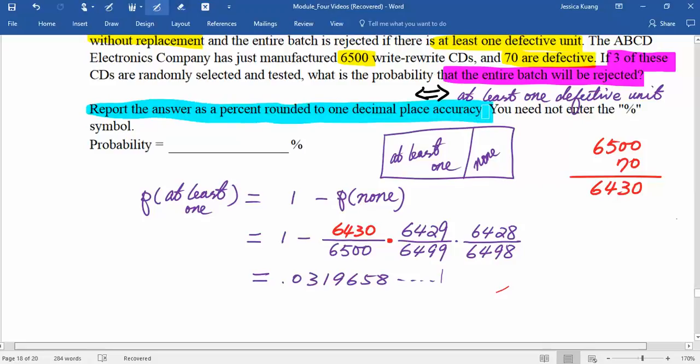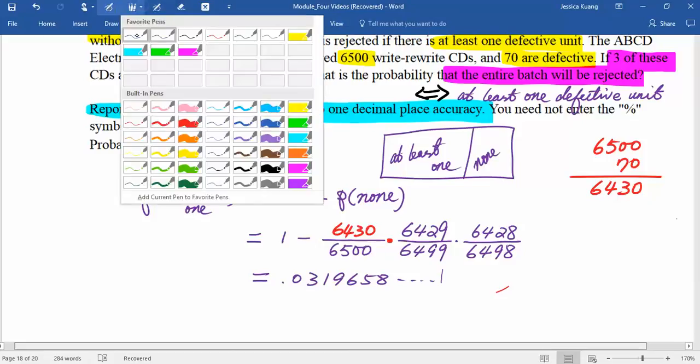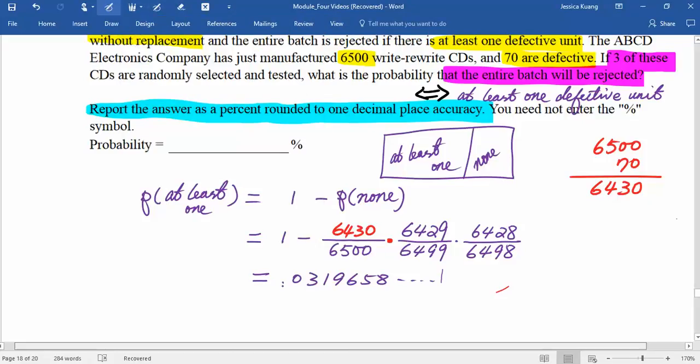So what I will have to do is move this decimal point twice. Let me do it again: 1, 2, twice. And I want to keep one more decimal place after the 3.